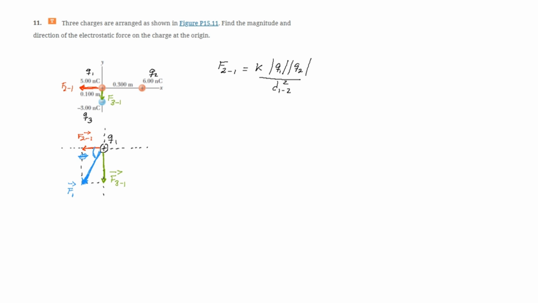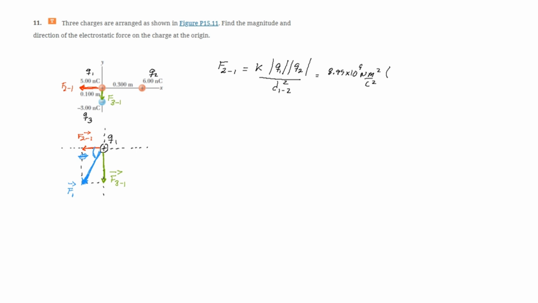So it would be 8.99 times 10 to the 9 newton meter squared per coulomb squared. That is K times, I'm going to find the absolute values anyway, Q1 and Q2 are positive. The absolute value of a positive number is positive.